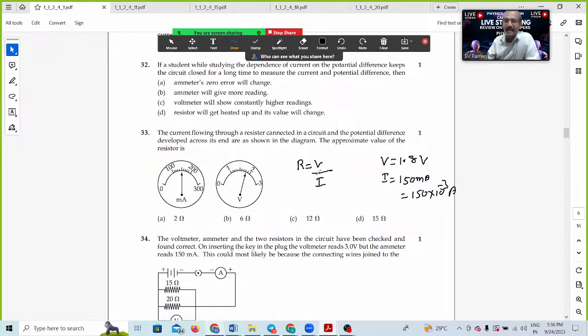Now the resistance R is equal to V by I. So R is equal to 1.8 by 150 into 10 to the power of minus 3, which is 1.8 into 10 cube by 150. While solving this, approximately 12 comes over here.